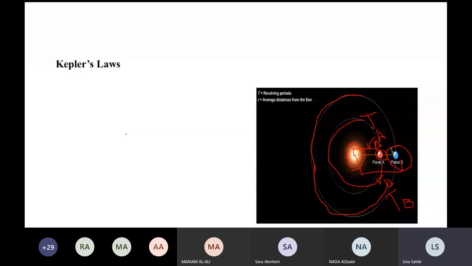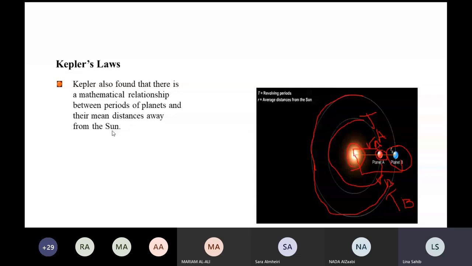In the third Kepler's law, there is a ratio between RA and RB equal to the time A and time B, one of them to the power of square and the other to the power of cube, or 3.